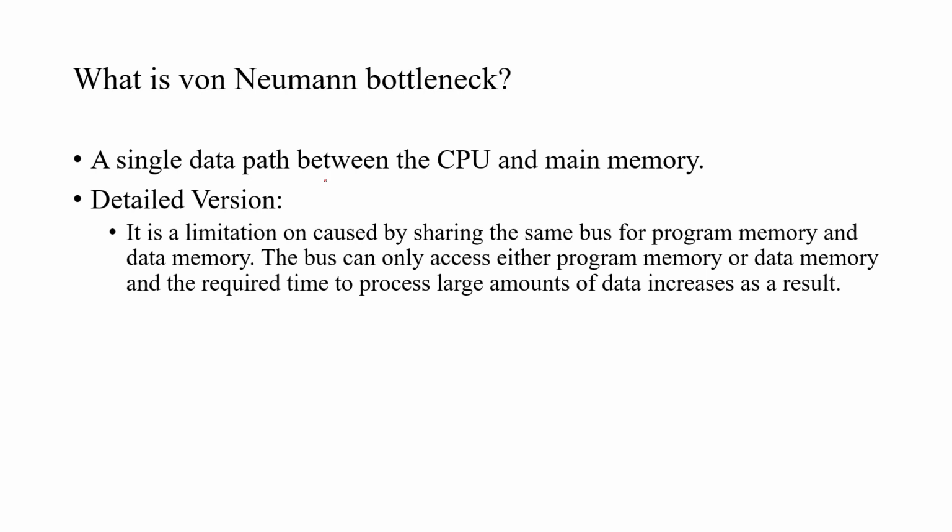If you want a little bit more detailed version, it is a limitation caused by sharing the same bus for program memory and data memory. So the bus can only access either program memory or data memory, and the required time to process large amounts of data increases as a result. You can go back to my highway analogy.